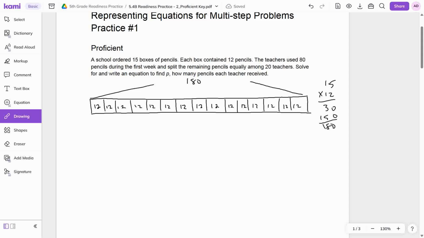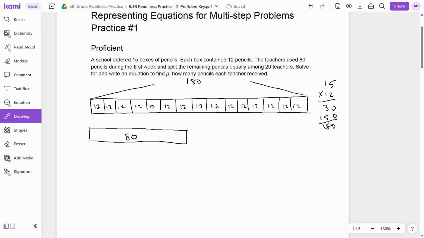Now, I'm using 80 pencils during the first week, and then I split the remaining pencils equally among 20 teachers. So I'm going to use 80, so I'm going to draw a separate one down here. I'm not sure how far it's going to go, probably a little bit less than half since it's 180. Half of 180 is 90.